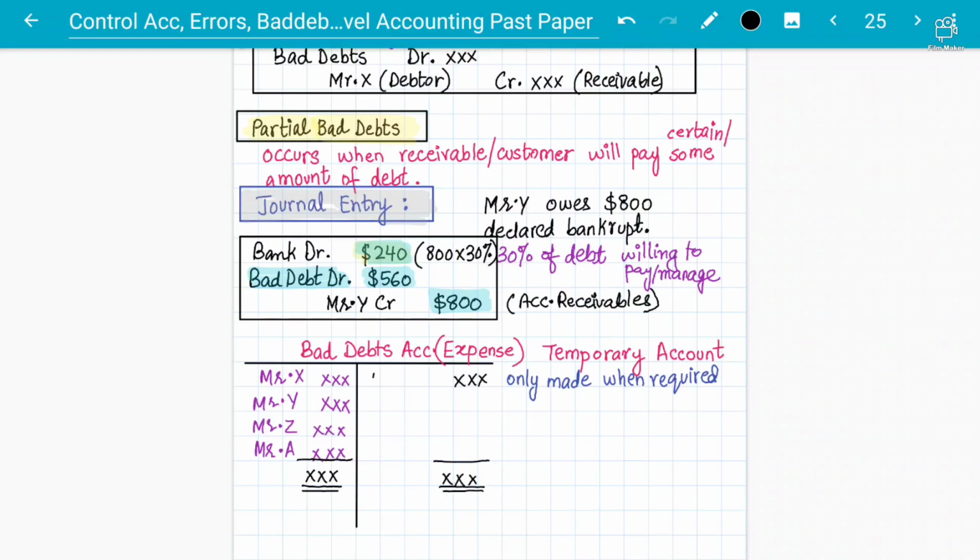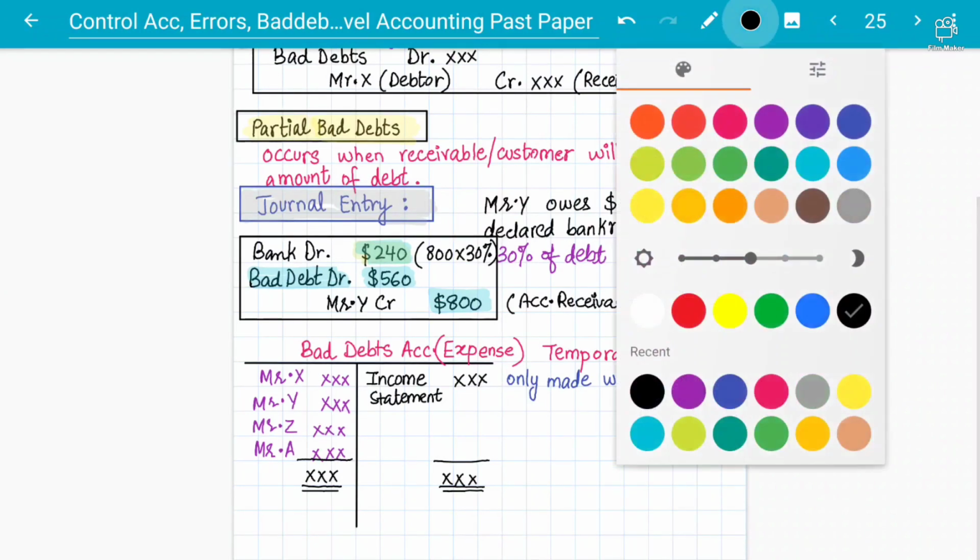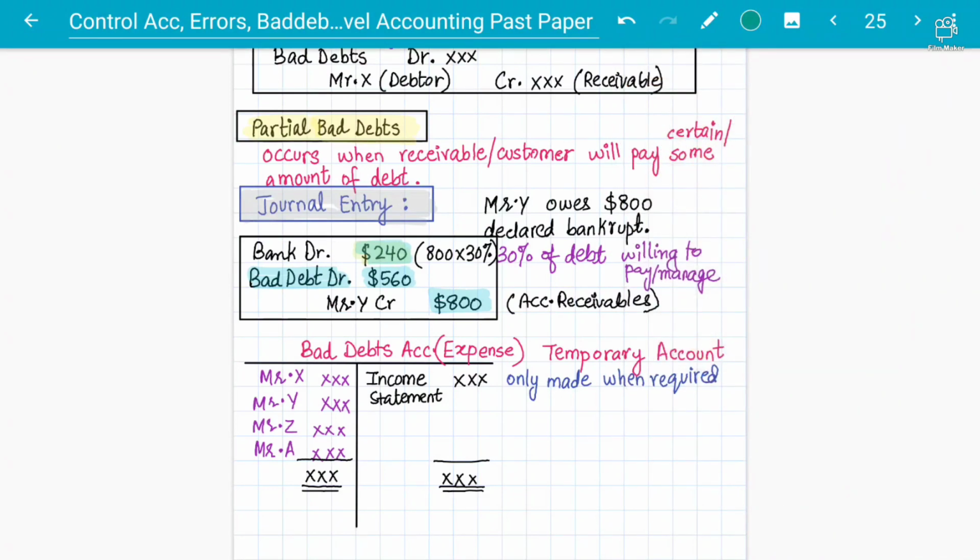On the credit side of the bad debts account will come the value of the income statement, because you need to understand that bad debts is an expense. So what is the final journal entry? The income statement, because it's an expense, so income will be reduced. It's a loss, so it will be counted as an expense.